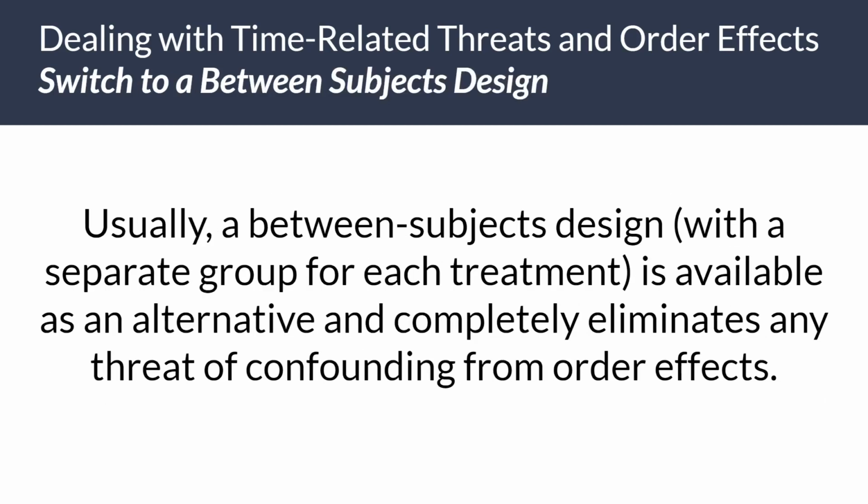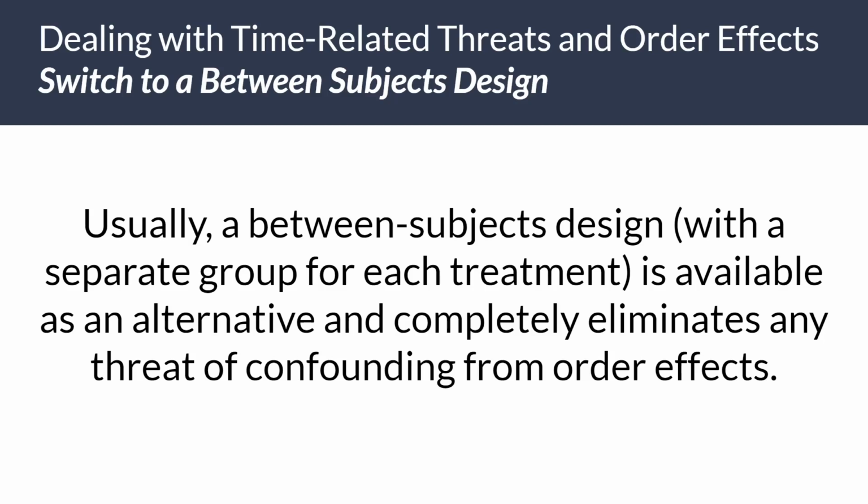Also, if a within subject design will cause a lot of problems, then you can simply switch to a between subjects design. Usually a between subjects design, the one with separate groups, is available as an alternative and completely eliminates any threat of confounding from order effects. However, when you switch from within groups to between groups, then you're going to have to deal with new problems.